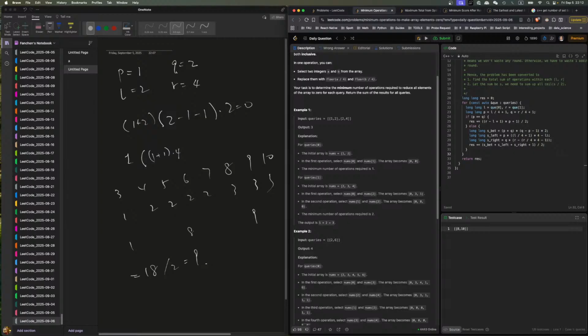Okay, 8, 10 I expect to be some value. 4, 7 I expect to be some value. And then we say 4 to 8, 4 to 9, and 4 to 10.